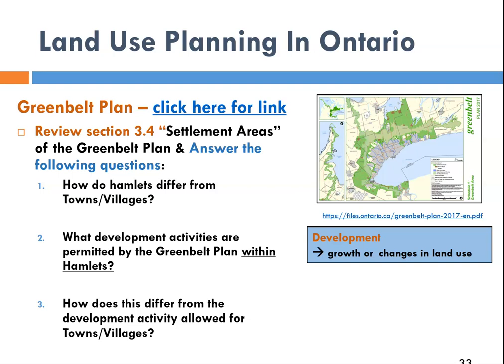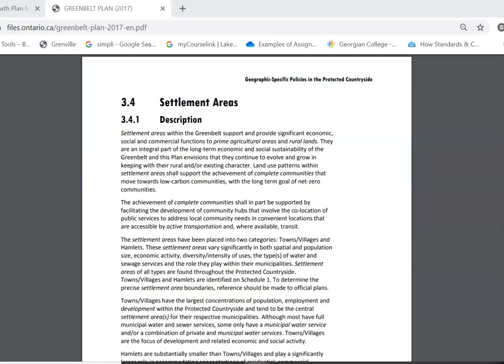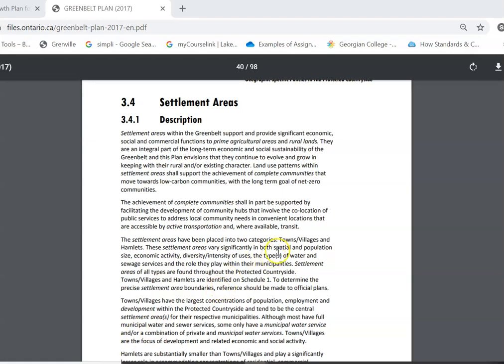I'd suggest you pause the video and we can have a bit of a discussion about what sorts of development may be happening in these two areas. So once you're into the Greenbelt Plan, you have gone to section 3.4. I really want you to have a look specifically at the language about these two categories that they're talking about, towns and villages and hamlets.